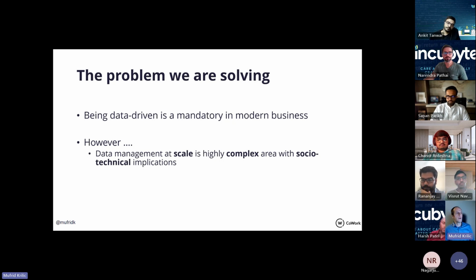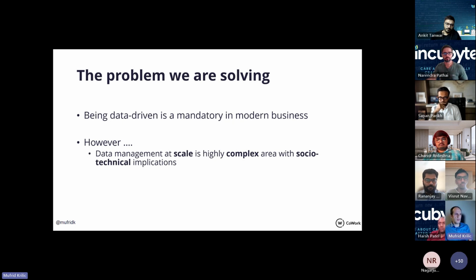And in today's world, we have plenty of data sources there, and not only the amount of data, but data sources are increasingly present, which means that we have to deal with data management at scale now more than ever. And scaling is something that brings complexity with it, and complexity brings socio-technical implications.